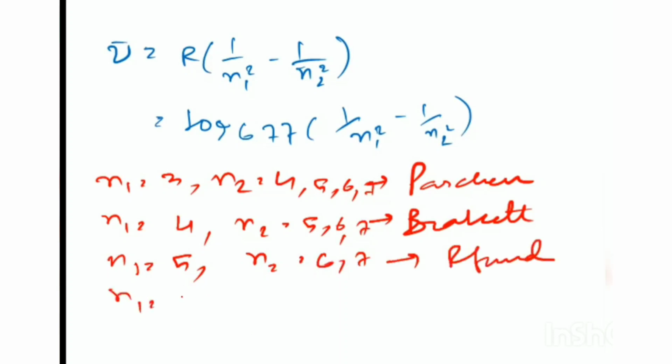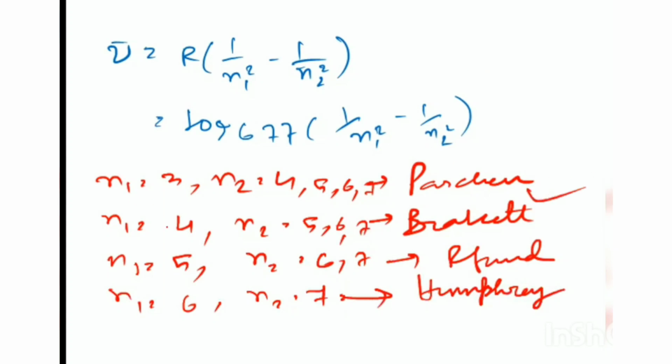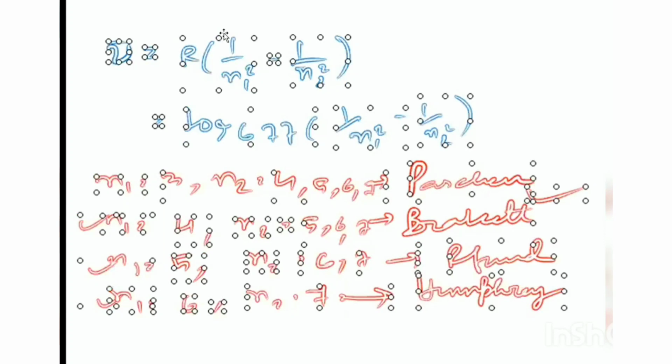Or if n1 equal to 6 and n2 equal to 7, then it is called the Humphrey series. Normally only up to the Paschen series comes in the exam, so don't stress out.